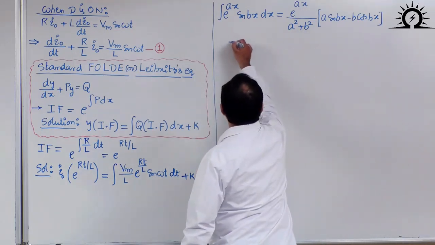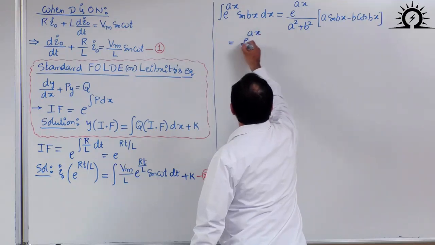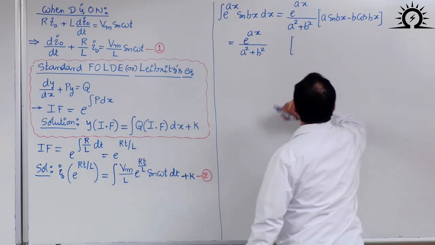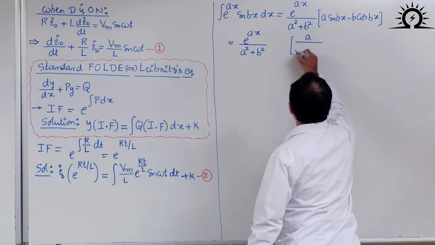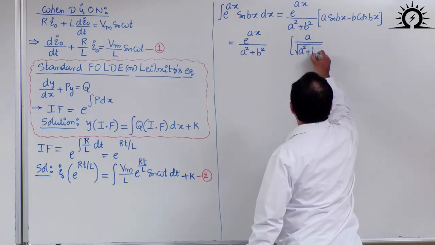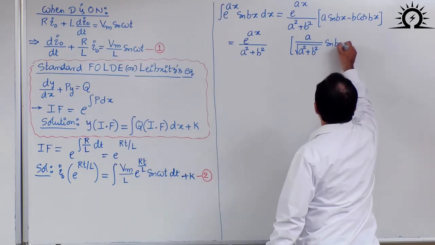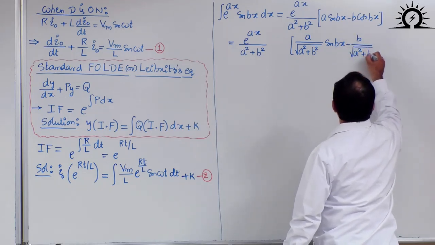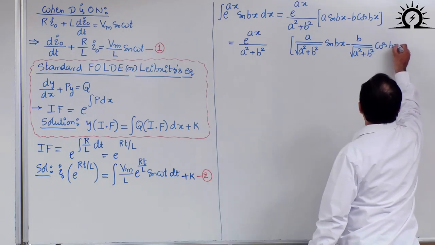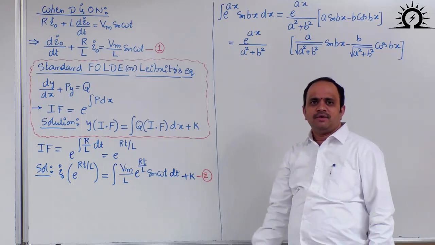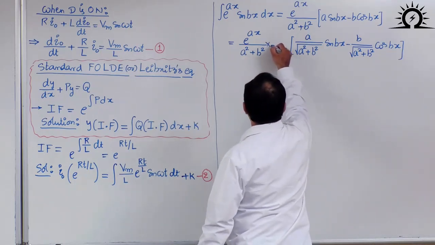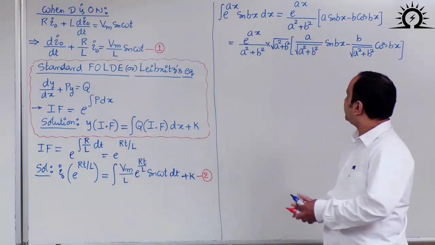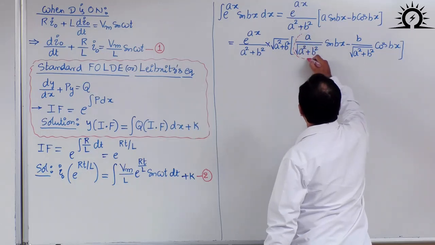Therefore let us rewrite this function: e power ax divided by a square plus b square, multiplied with, I would like to divide a by under root a square plus b square, sin bx, minus b by under root a square plus b square, cos bx. For mathematical adjustment, I should multiply with root of a square plus b square. What is the reason for writing like this?